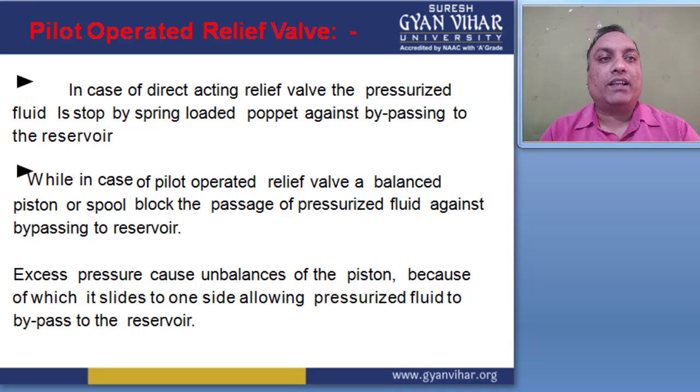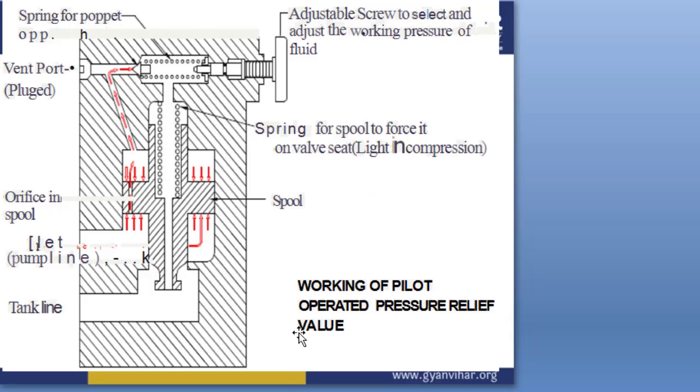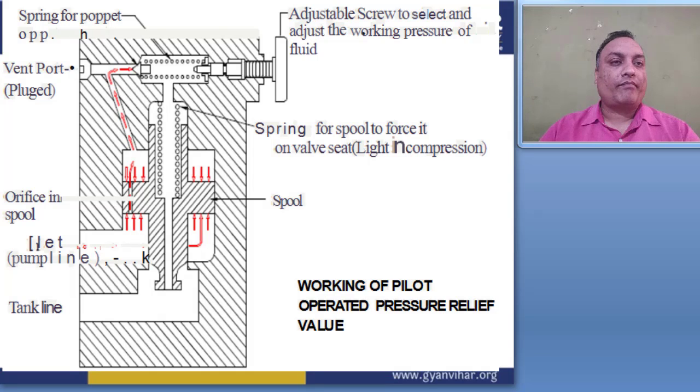Here a pilot operated relief valve is present. In this case, this is the figure of the pilot operated pressure relief valve. So here this is the inlet side. From the inlet side, the high pressure fluid goes to this line.